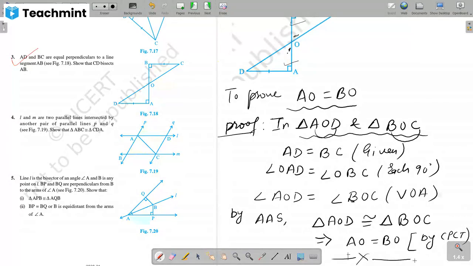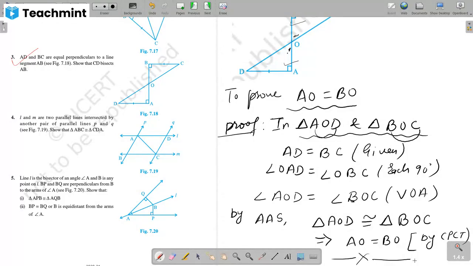Does anybody have any doubt? Ma'am, here O is not the midpoint. For which side? Ma'am, like OC equal to OD. O is not the midpoint. No, it is not given anywhere that OC and OD are equal.